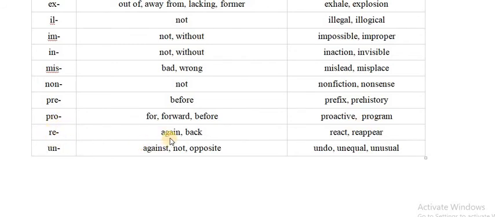Re: again, back. React, reappear. Un means against, not, opposite. Undo, unequal, unusual, and first we have seen the example unhappy, right?